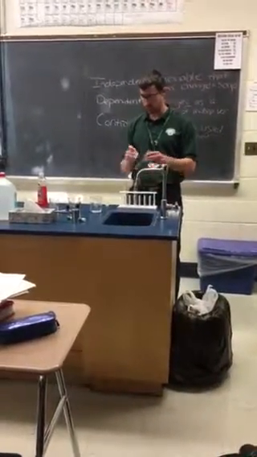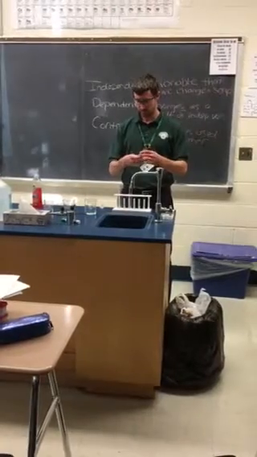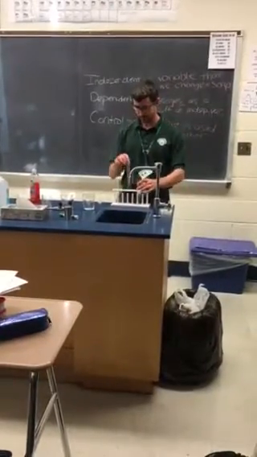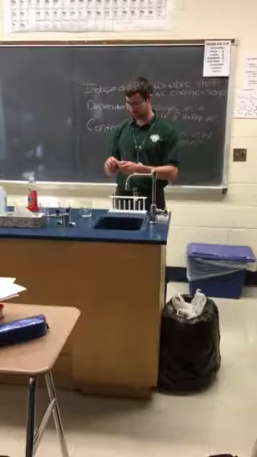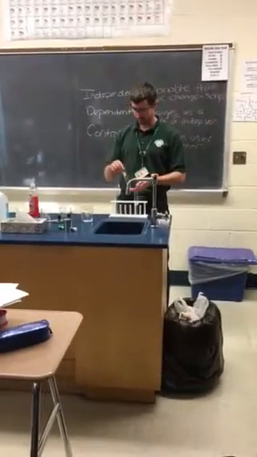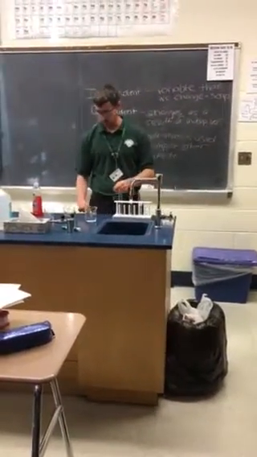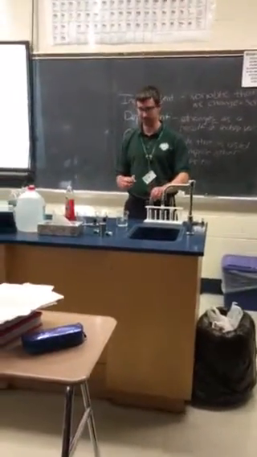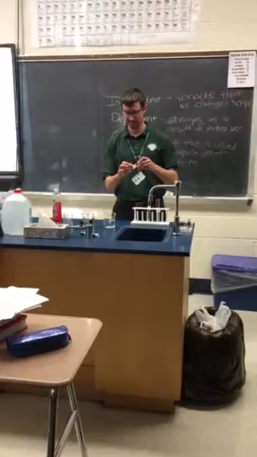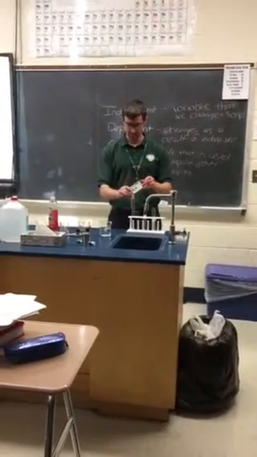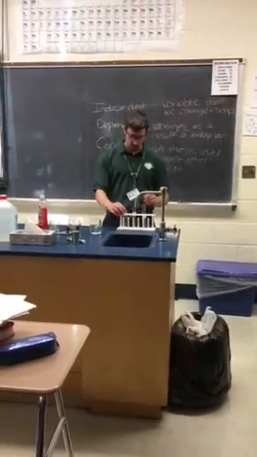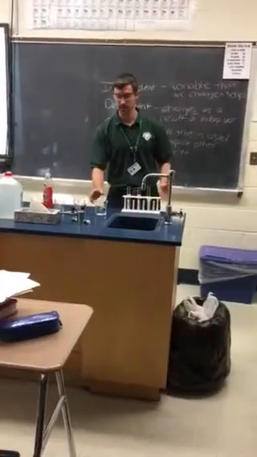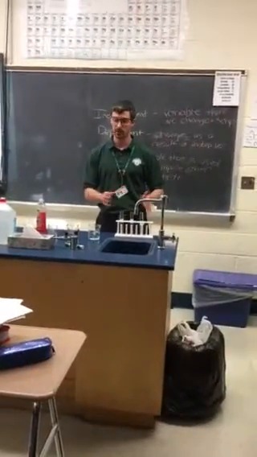So you can use tape so you can easily remove it later. Okay, so each one, you want to do this before you add the water. Okay. So each test tube is going to get 20 milliliters of each sample.